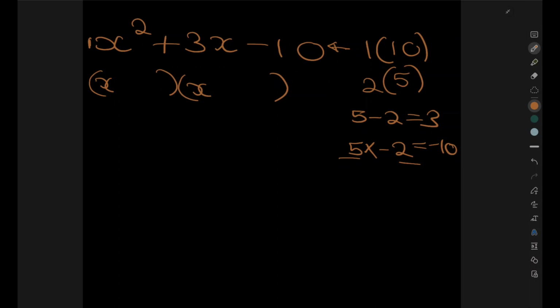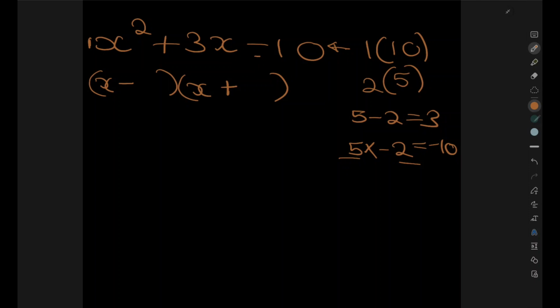Remember, in the previous example, I said if the sign in front of the 10 is positive, the two signs have to be the same. But in this case, it's negative. The only way we can multiply two terms and get a negative value is if those two terms have different signs. So here we're going to put minus, and here we're going to put plus, all right?